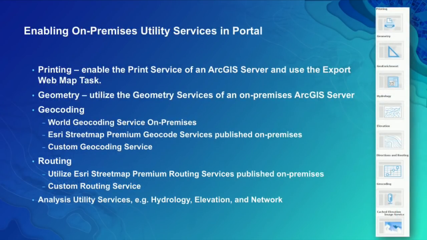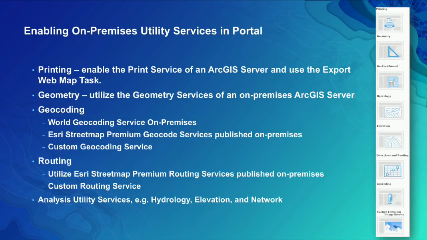Now, some of the things to consider from a utility service perspective. Again, when we're operating in hybrid environments, we take this for granted a little bit. But even if we are operating in those environments, you may want to utilize some of your own services. So, for instance, printing. If you wanted to have custom layouts that have your own organization's logos or different sizes and things like that, you might want to deliver your own print service to configure through your portal. From a geocoding perspective, for those of you in the offline environments thinking about getting the world geocoding on premises, you could do that.